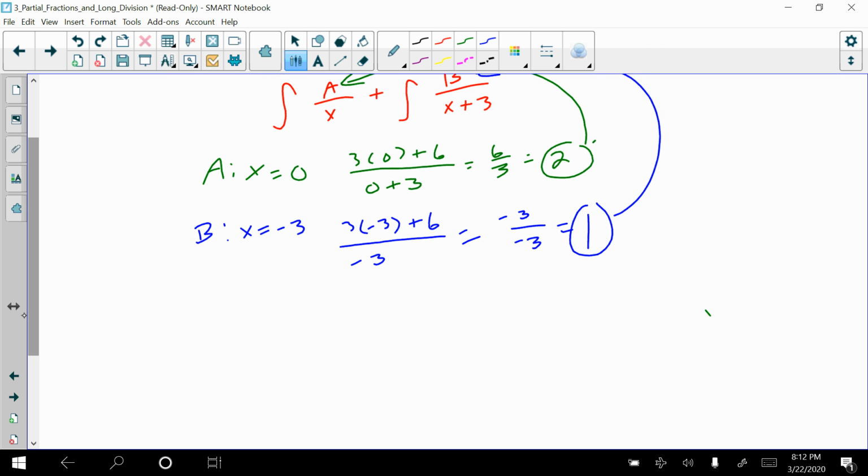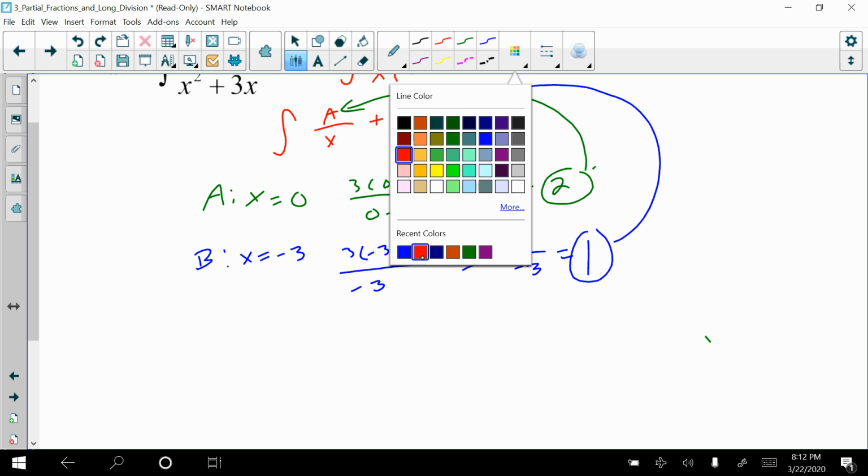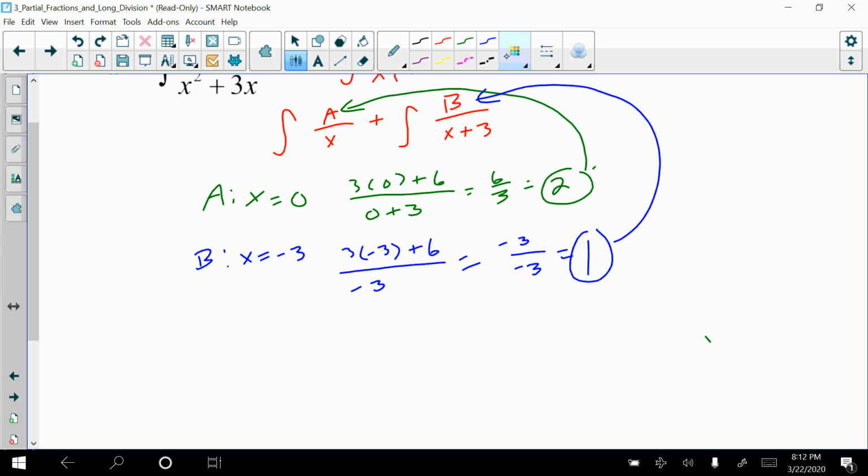So now we can continue with our partial fraction decomposition. And again, I don't think that this is a super challenging concept, but we'll go ahead and finish off the examples that we have here. So here, replacing a with the 2, I'm going to get 2 over x dx, plus replacing the b with the 1, I'm going to get 1 over x plus 3 dx.